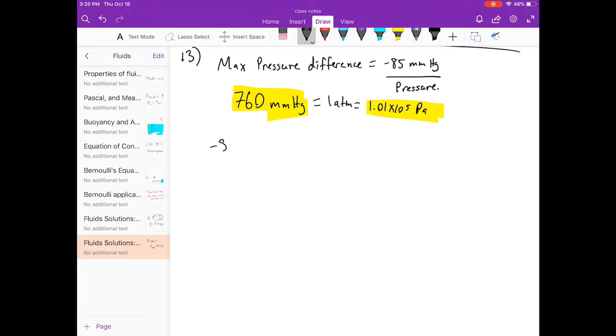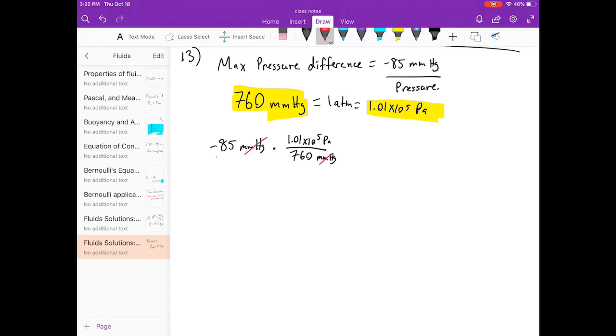So if we have negative 85 millimeters mercury, we need to multiply that by a ratio that's going to convert this into pascals. We set up our equation with the unit that we want on top and the unit that we're trying to cancel out on the bottom. So we have 1.01 times 10 to the 5th pascals per 760 millimeters mercury.